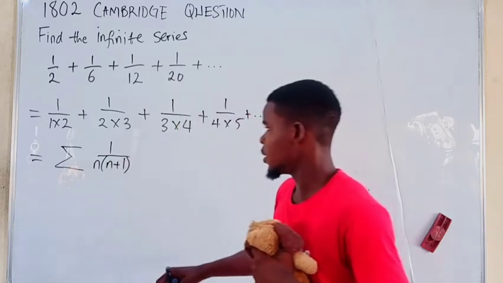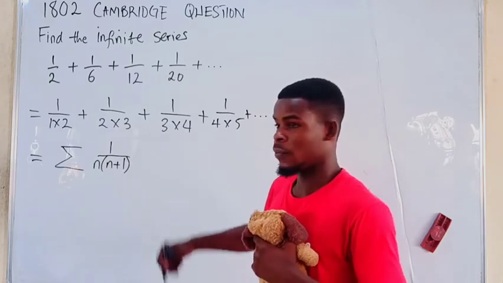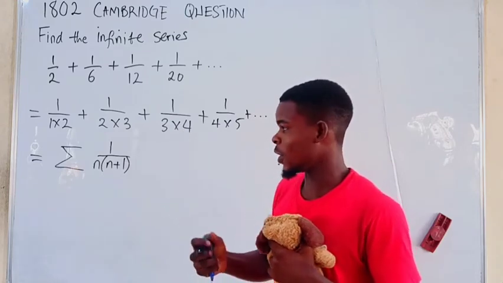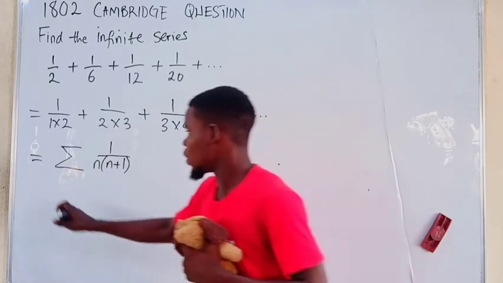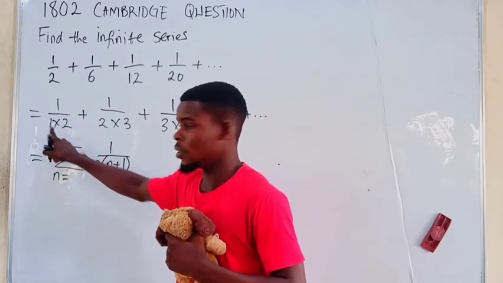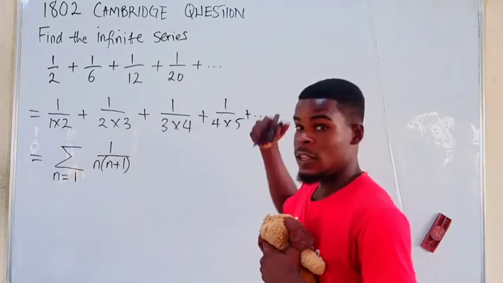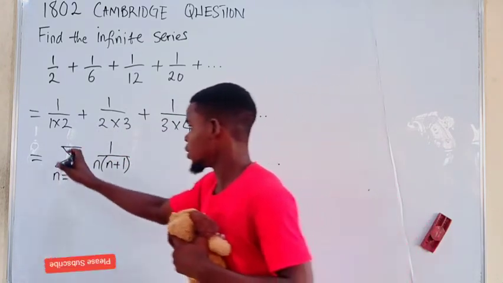So you notice that this is 2 multiplied with 3, this is 3 multiplied with 4, 4 multiplied with 5, and so on like that. As n starts from 1, the next thing will be 2. So we start from 1, and then we go to infinity, because that's an infinite series.